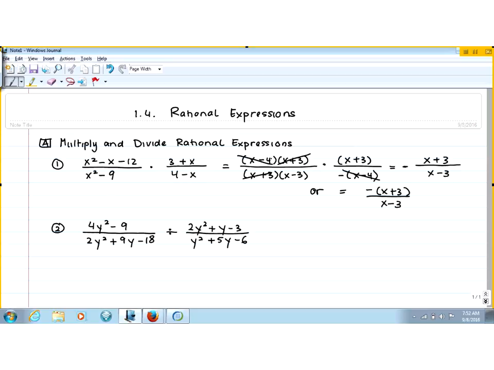So notice that 4 minus x and x minus 4 are opposites. Note, 4 minus x is negative x plus 4, which is negative of x minus 4. So 4 minus x is the opposite of x minus 4.